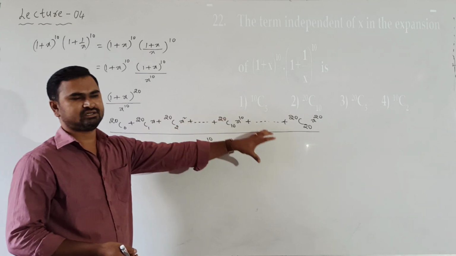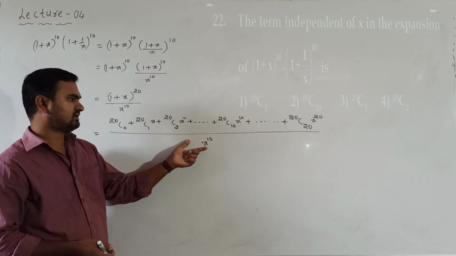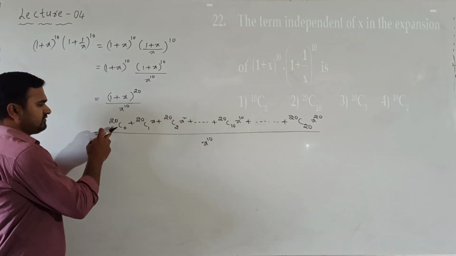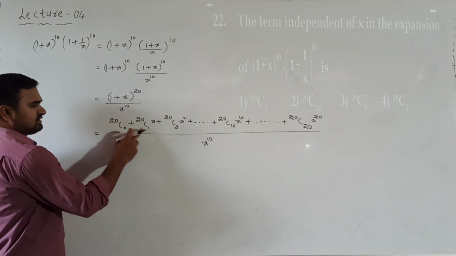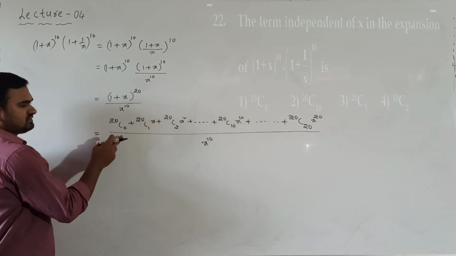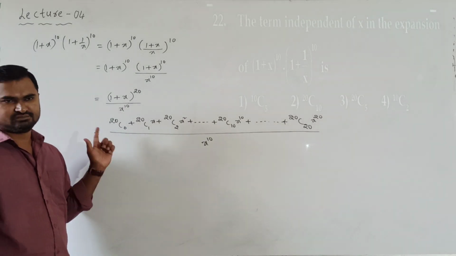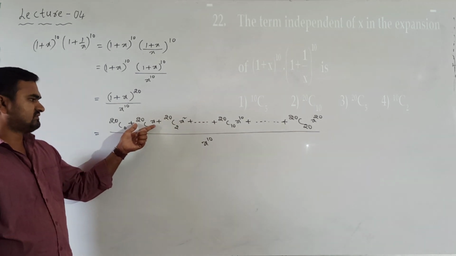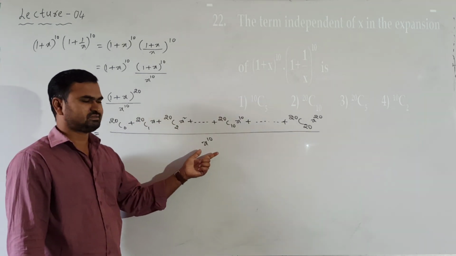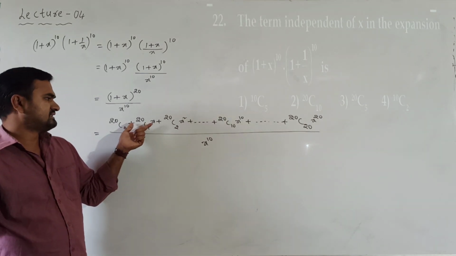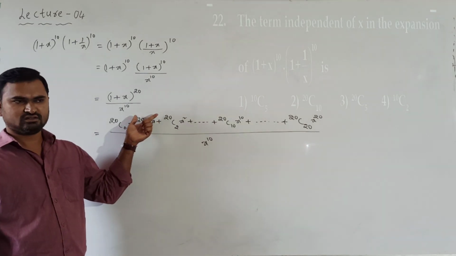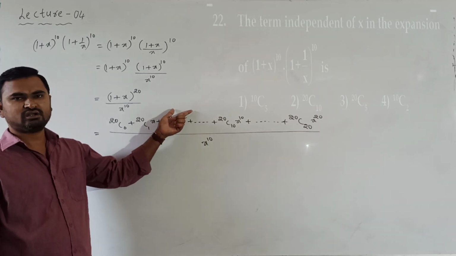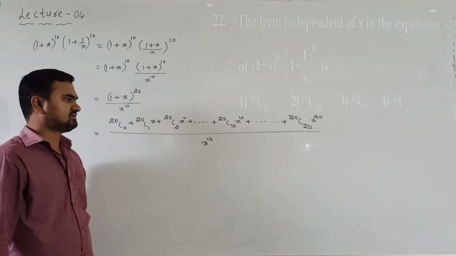Now by observing this expansion, we need a term independent of x, meaning there should be no x term. If you observe this first term, 20c0 divided by x^10, here we have x^-10, so this depends on x. 20c1 x divided by x^10 gives 20c1 x^-9, so it also depends on x. Here we get 20c2 x^-8, also depends on x.